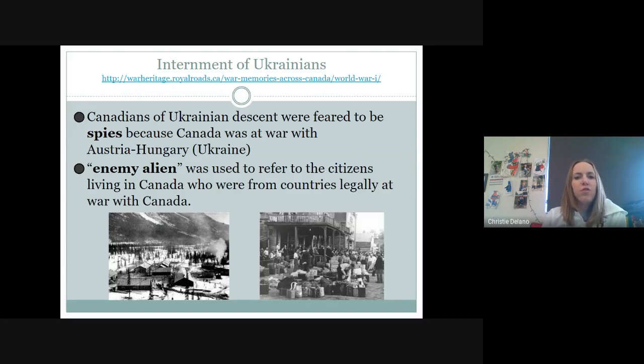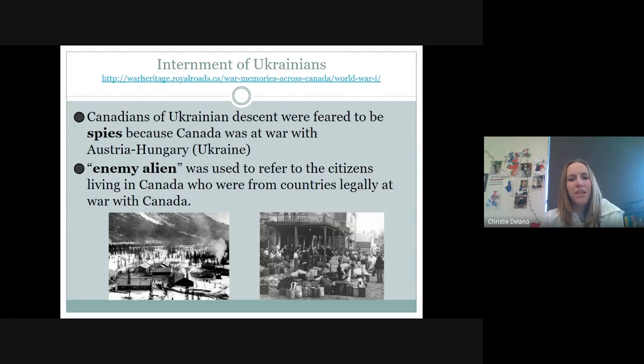And Canadians of Ukrainian descent, right? Canada had a lot of Ukrainians at this stage, right? With settlement of the West, many farmers. Many Canadians feared that the Ukrainians themselves were spies, and they were working for Austria-Hungary, which in reality was not the case.